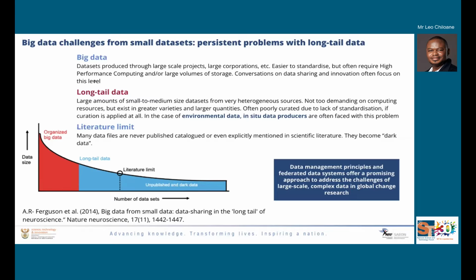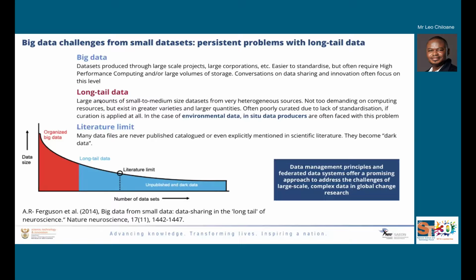So, in the context of big data, you often have big data described as one that comes through from large scale projects, often produced by large corporations. And it's often easier to standardize, but it does require high performance computing or large volumes of storage.